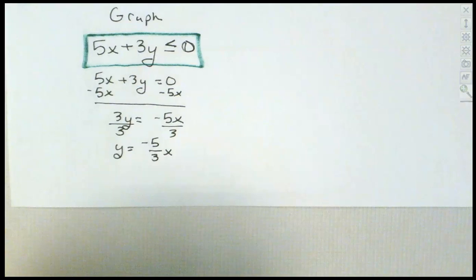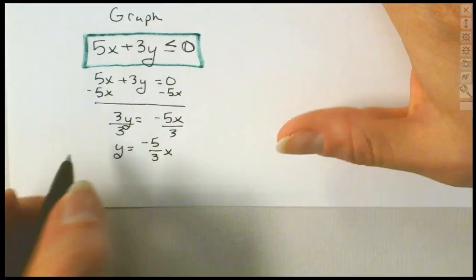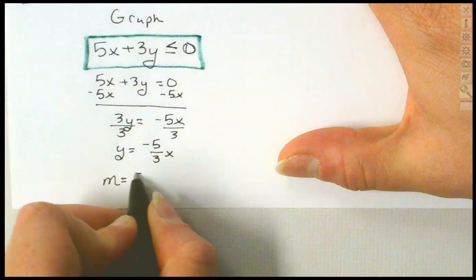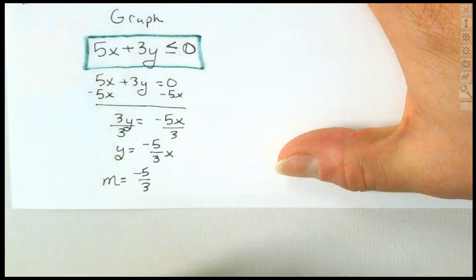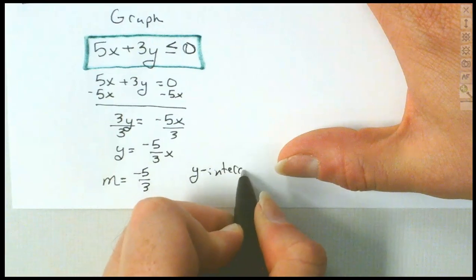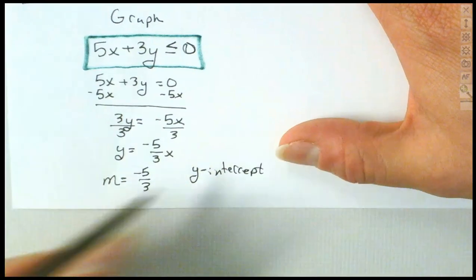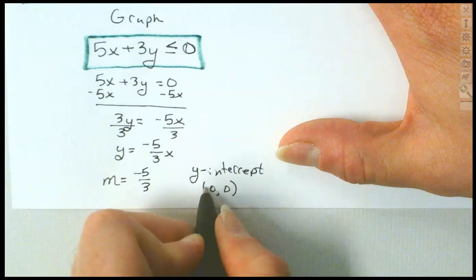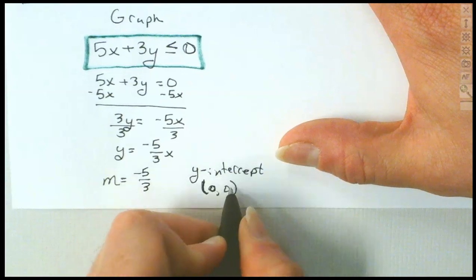So we want to graph this. What's my slope? Well, the slope, again, is the number in front of the x, right? And so my slope would be negative 5/3. Our y-intercept is the number on the end. Well, we don't have a number on the end, so therefore, we're going to start at 0, 0.